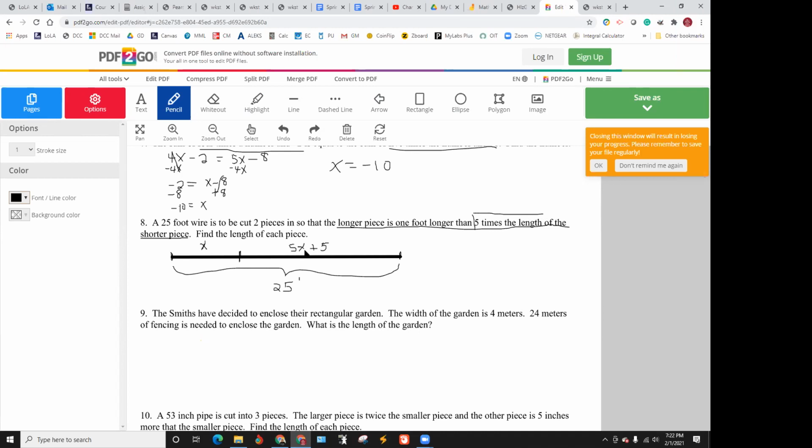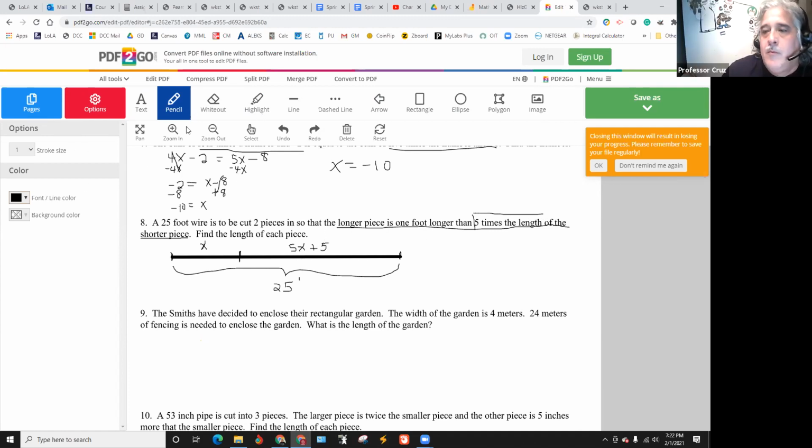Oh, I'm sorry, thanks. So 5x plus 1. So yeah, the longer piece is 1 foot longer than 5 times.